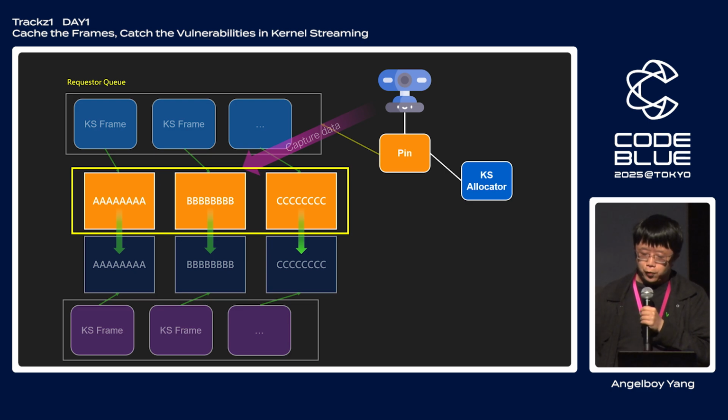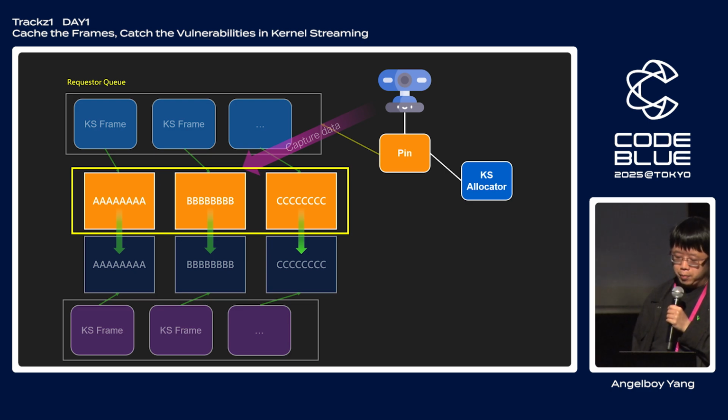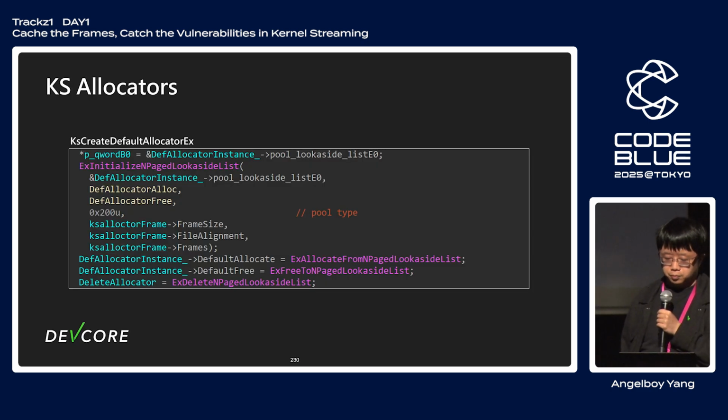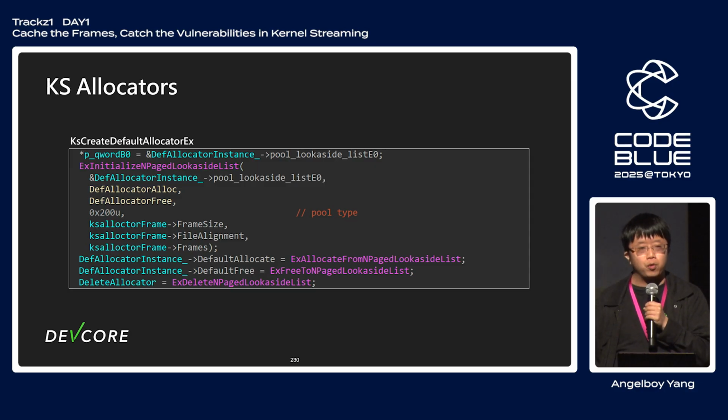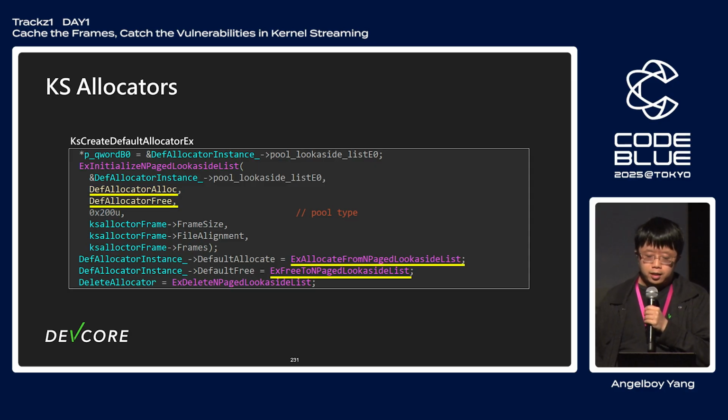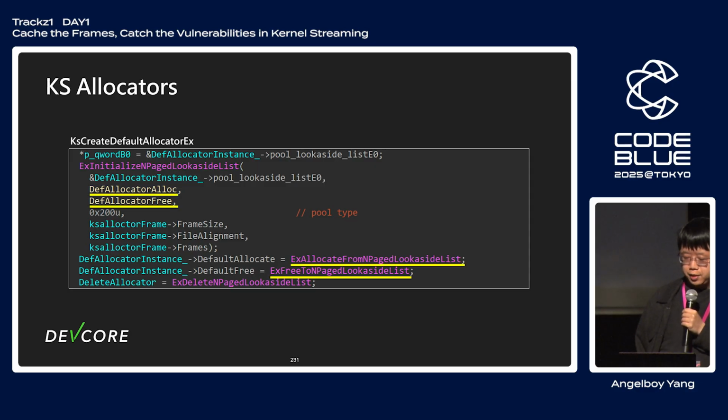Today, we will focus on how the default allocator manages pre-allocated buffers. When we call KsCreateAllocator, KS creates a default allocator and then initializes it using the parameters we provide. Internally, KS implements its own allocation function. It also uses a lookaside list to manage the buffers efficiently.